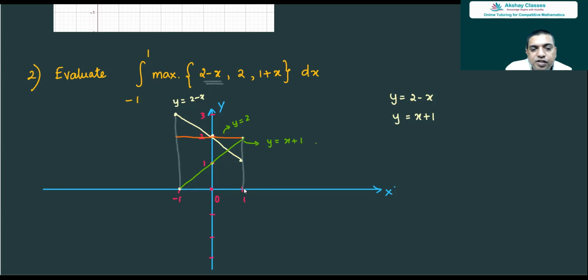In this area between 0 and 1, the function will be 2. So between -1 to 0, because the uppermost is the function, I need to calculate this shaded area. And between 0 and 1, I have y equal to 2. So I'll have to calculate this entire rectangular area.